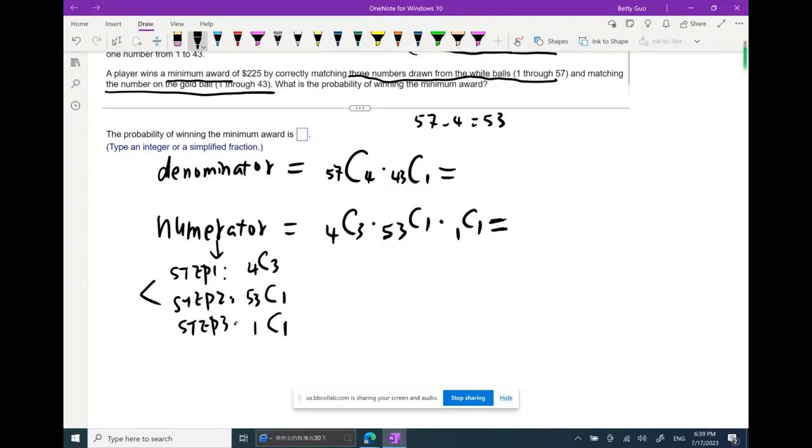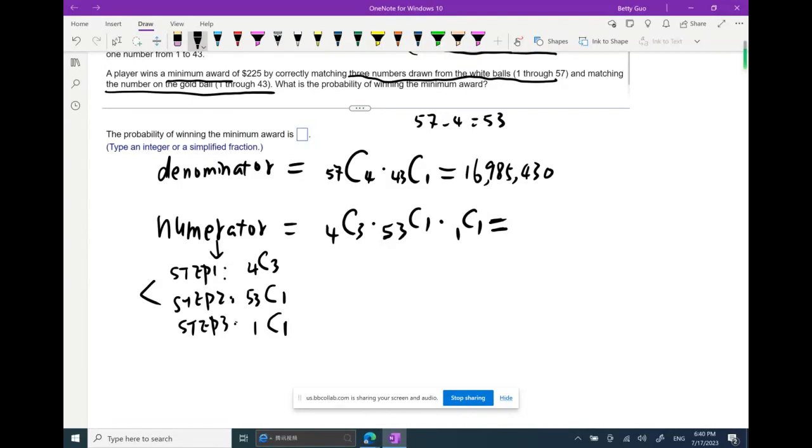I got a huge number. 16,985,430. Let me double check. If we copy one number wrong, it's going to be very different. 16,985,430. Yes, and that's the denominator.